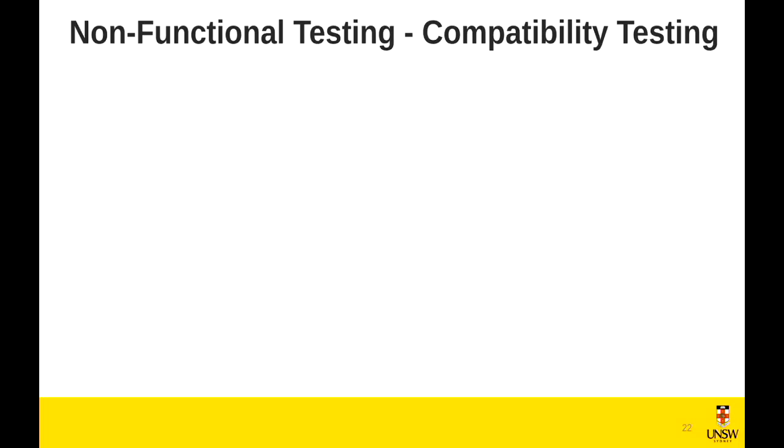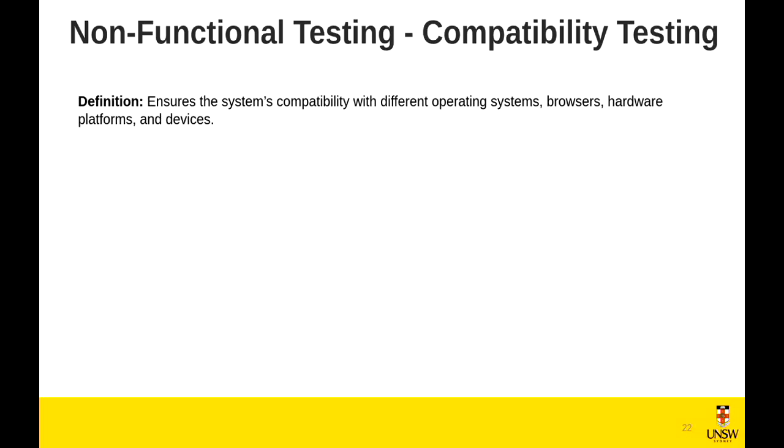And we also have another type of testing called compatibility testing. Usability is dealing with users, with humans, while compatibility is to test whether the system is compatible with other programs. So it cares more about the interactions between programs rather than the interactions between humans and computers.